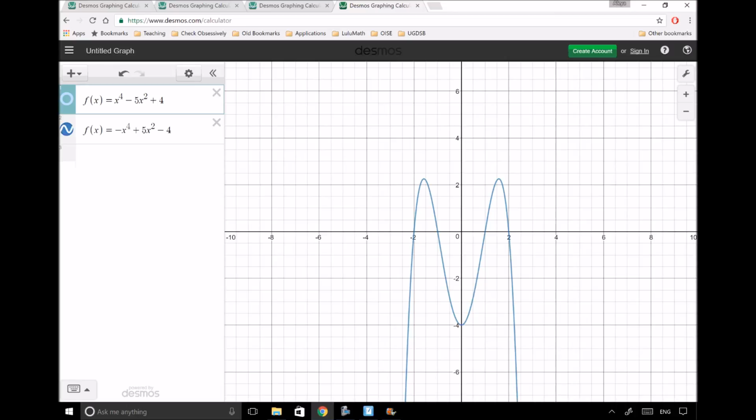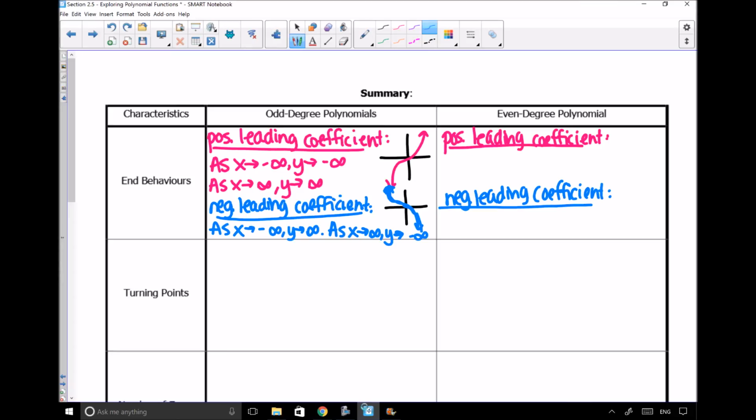Okay, so this all has to do with the types of functions that they are, as well as the exponent that we have. So if we have a positive leading coefficient, then we know that our graph could look like this, depending on what degree it is and all the transformations that we have going on. But we know for a fact that it's approaching positive infinity on both sides. So we can say as x approaches positive and negative infinity, on both sides, y is approaching positive infinity.